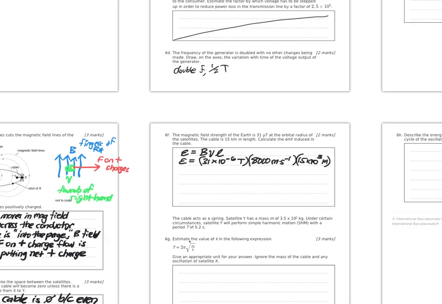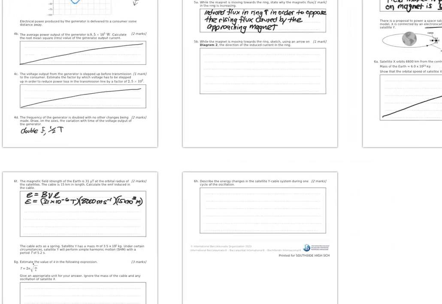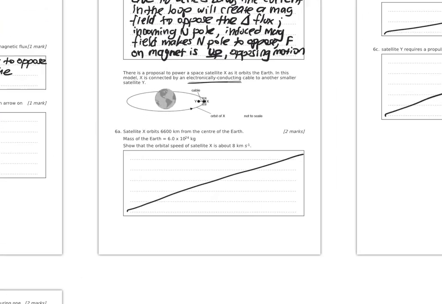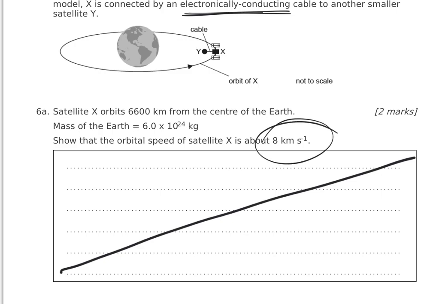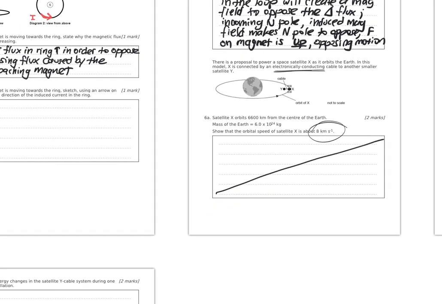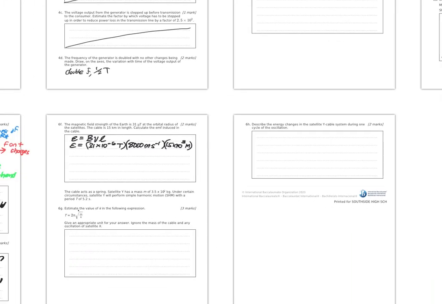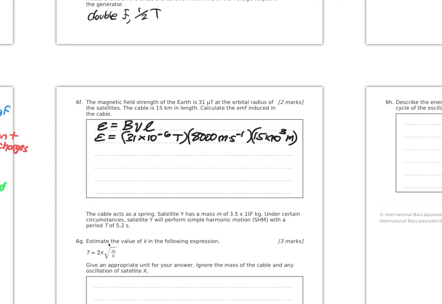The speed is given. If you're like, well, what's the speed of the satellite? It's actually described right in 6A. Show that orbital speed is about 8 kilometers per second. That's where I'm getting that from. So I'm putting that number in there. And so when we run the numbers through, we get an EMF of 3.7 kilovolts.